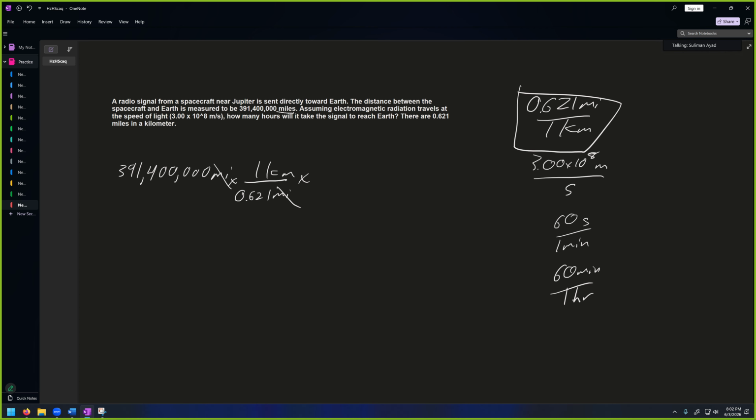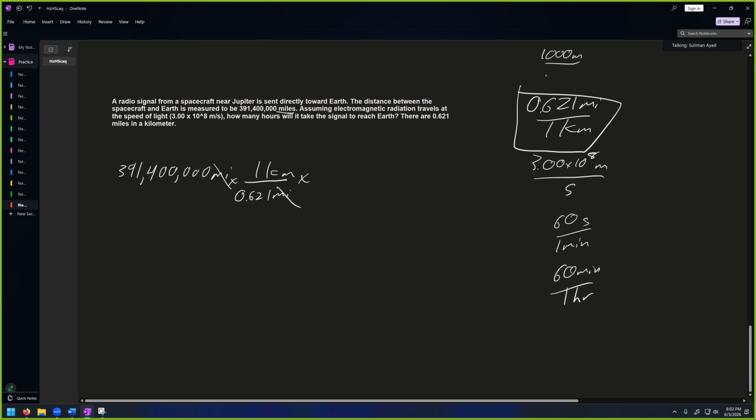Therefore, I need to come up with a different conversion factor. In this case, we need something that's going to go from km to m. That k prefix is kilo, and it means 1,000 of something. So another conversion factor we had to come up with ourselves here is that there are 1,000 meters per 1 km, kilometer. Now I can use this conversion factor as my next step.